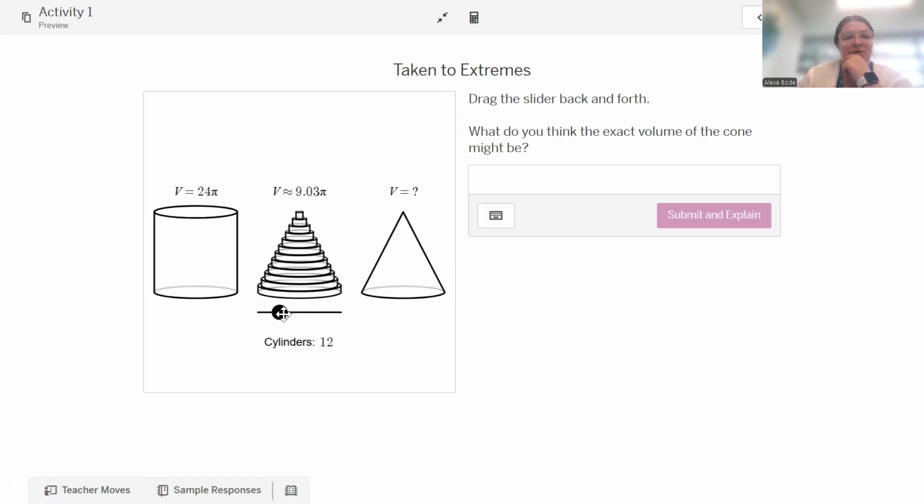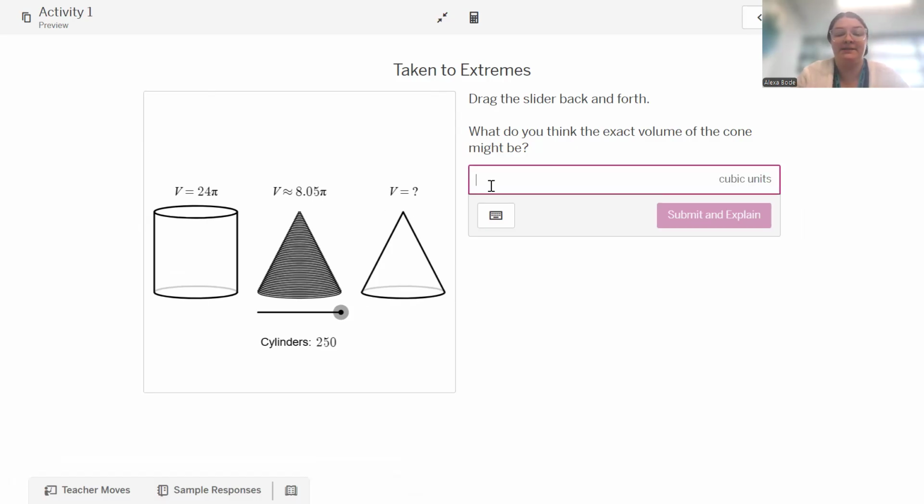Hold on. Okay, at 13, we have 8.95. So it's between 8 and 9, starting at 13. Even all the way at 250, it's still between 8 and 9. It's getting closer to 8, but it's never 8 yet. That's because the cone is 8 pi.